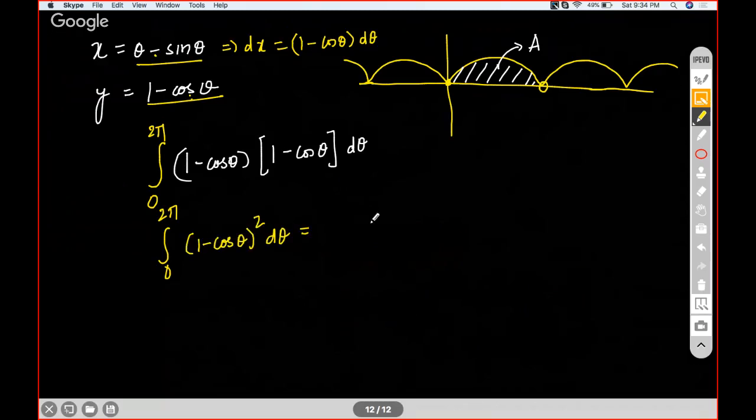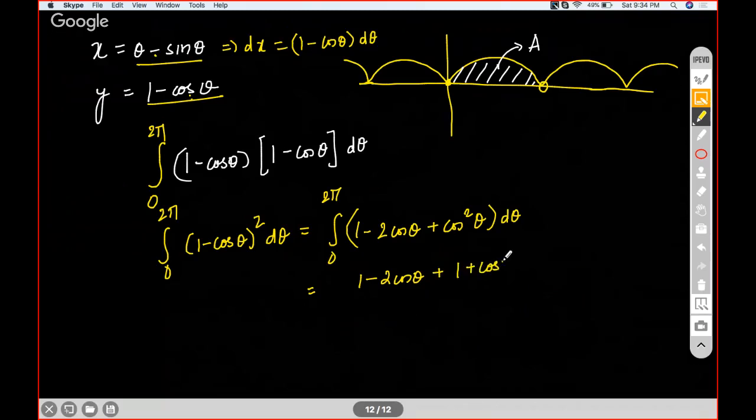This you can integrate by expanding it: 1 minus 2 cos theta plus cos square theta. We can still simplify cos square theta as (1 plus cos 2 theta) by 2. Remember, we cannot integrate powers of trigonometric ratios.